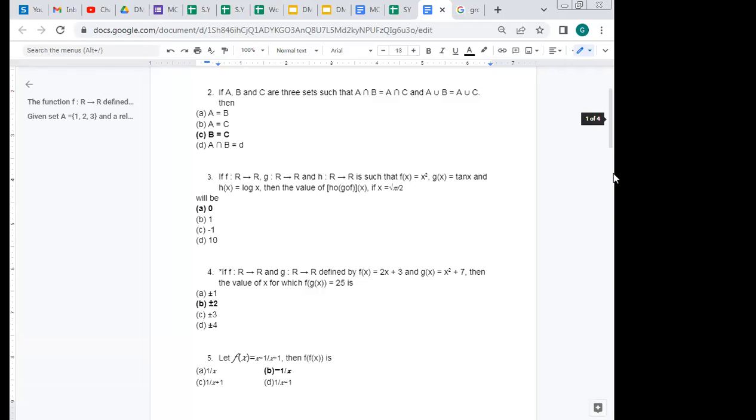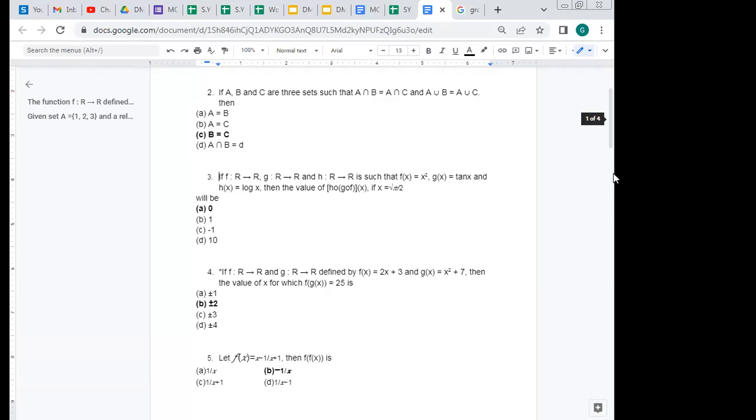Now, how will the composition of relations go? First, what we have to evaluate in this case? Yes, g of f of x. Okay, means what? First, we have to evaluate tan x square.